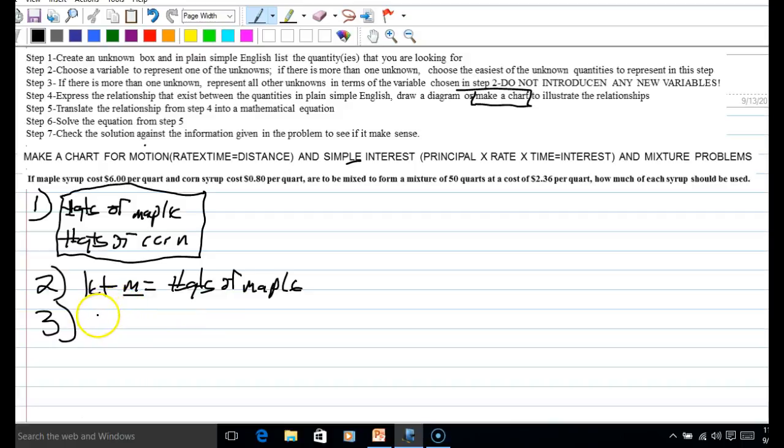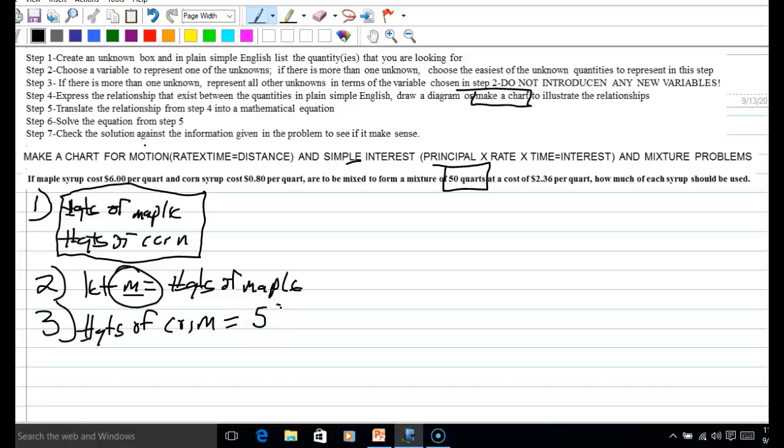Now, in step 3, I've got to rewrite any other unknowns in terms of the variable that I chose in step 2. So I've got to somehow represent the number of quarts of corn syrup in terms of M, the number of quarts of maple syrup. Now remember that there are 50 quarts total in this mixture. So if I use M number of quarts of maple syrup, how much corn syrup do they use?